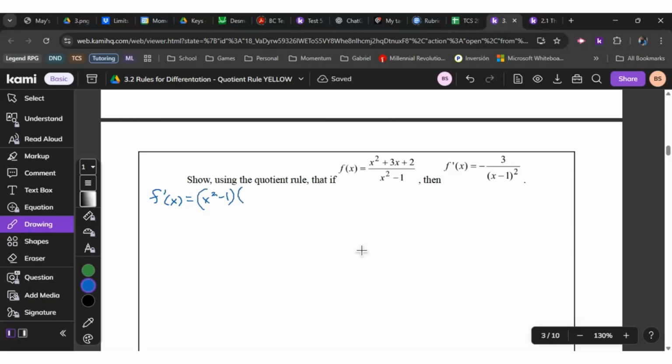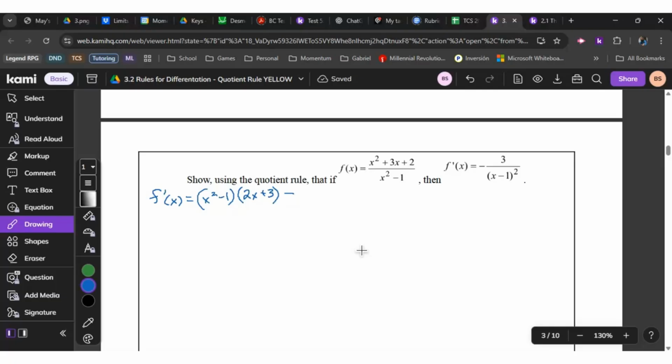Low d high, which is 2x plus 3, minus, because what's the derivative of the top? 2 comes down, 1 comes down, 2 goes away. But that is only f of x. Yeah, exactly. That's just the top.